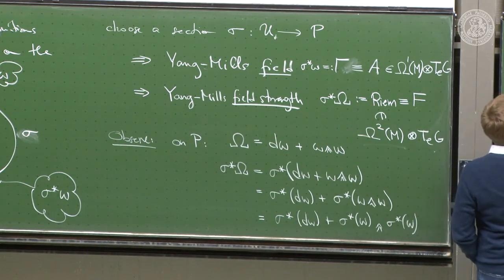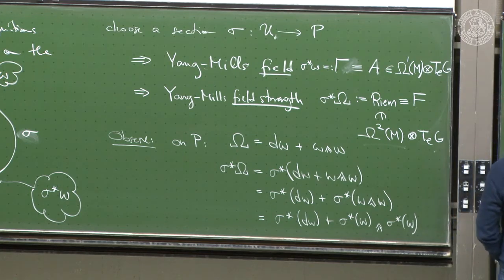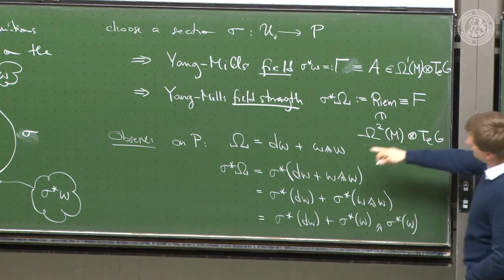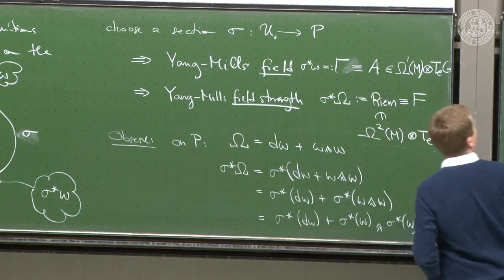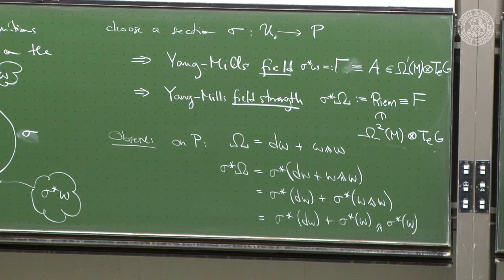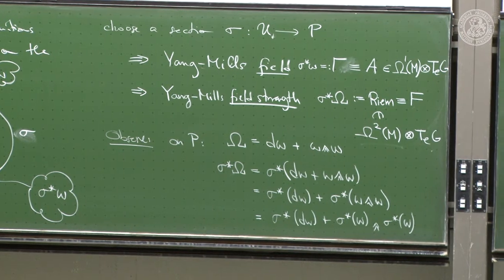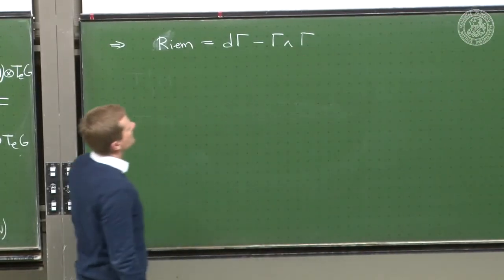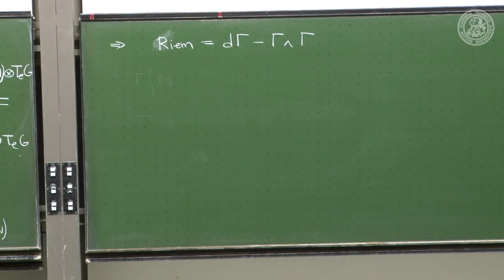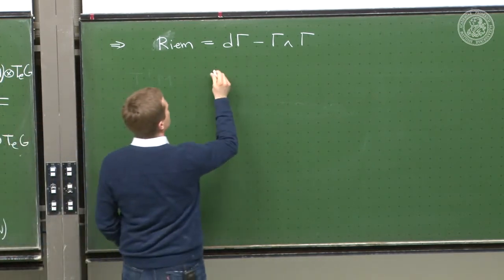you get that, for instance, in differential geometry, the field strength, that's this guy, is the d gamma minus gamma wedge gamma. And if you think of the formulae, you know this also antisymmetrizes.